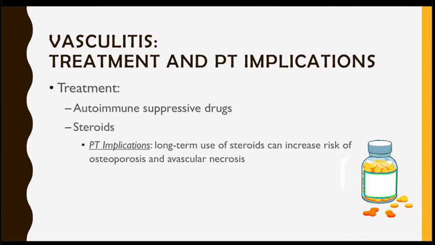A person that is experiencing vasculitis is having an inflammation. So the treatment should match that. The people who are having immune-mediated causes, autoimmune disease, will go on an immune suppressive drug.